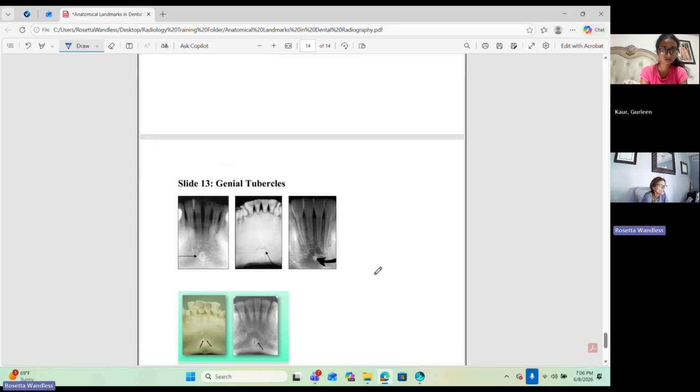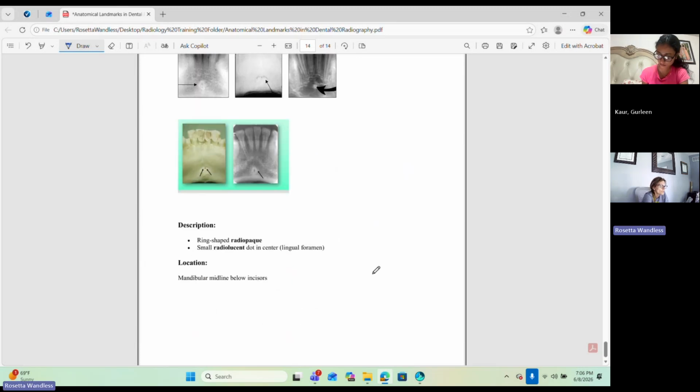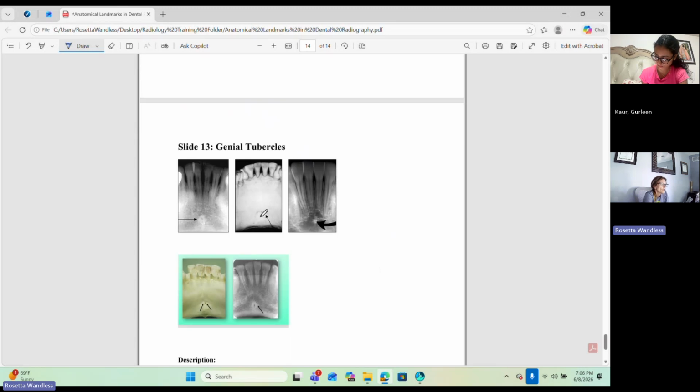Here are the genial tubercles. Tubercles are like little bony protections around the lingual foramen. You see the black area dead center. It looks like a black hole with the white around it, right?